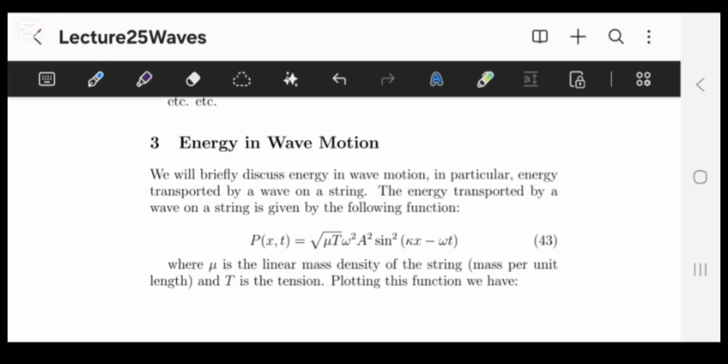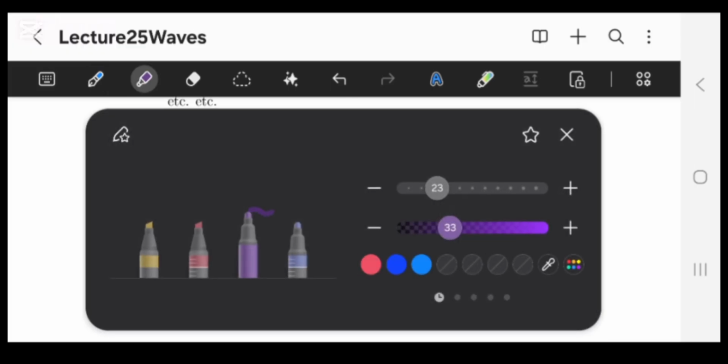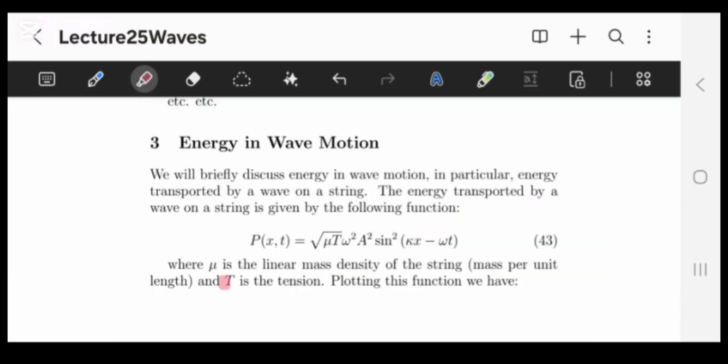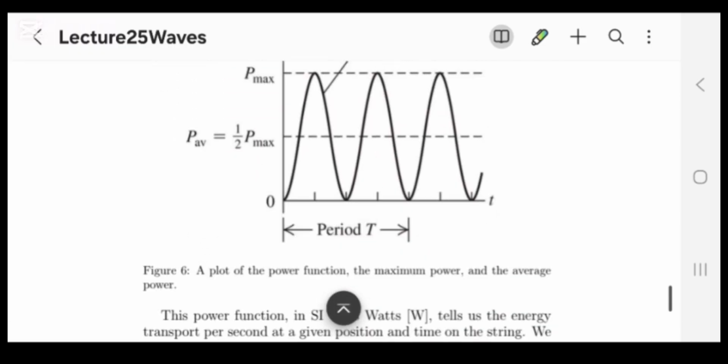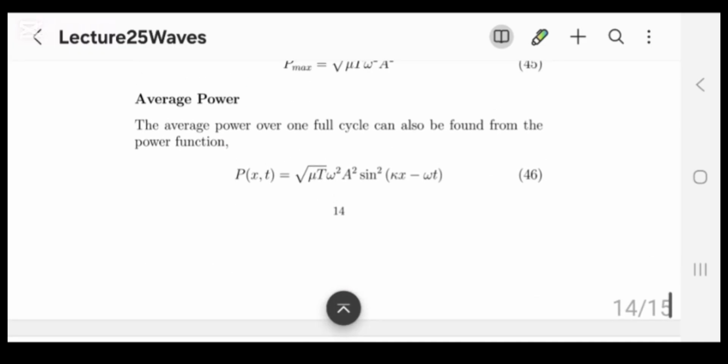If you're talking about an engineering application, for example, typically you're more interested in the average power, the average power being transmitted over time. You don't care so much about instances in time, like how much energy are we actually sending here? So we can figure out our maximum power and our average power based on this function.